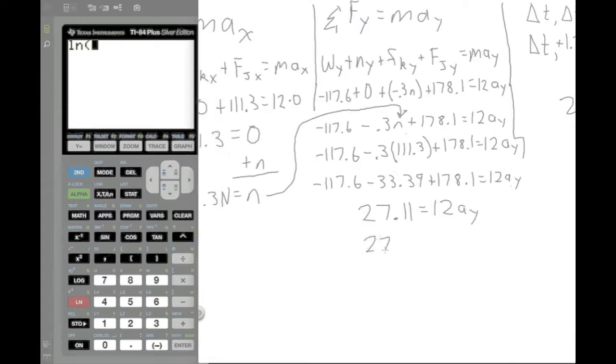All right, so then we have here 27.11. Let's divide both sides by 12 to get the variable by itself.